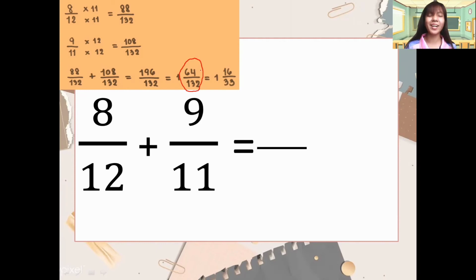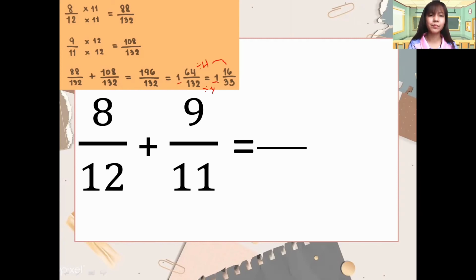Alright, it's 4. So you have to divide both by 4. So 64 divided by 4 is 16. 132 divided by 4, the answer is 33. So just copy 1.